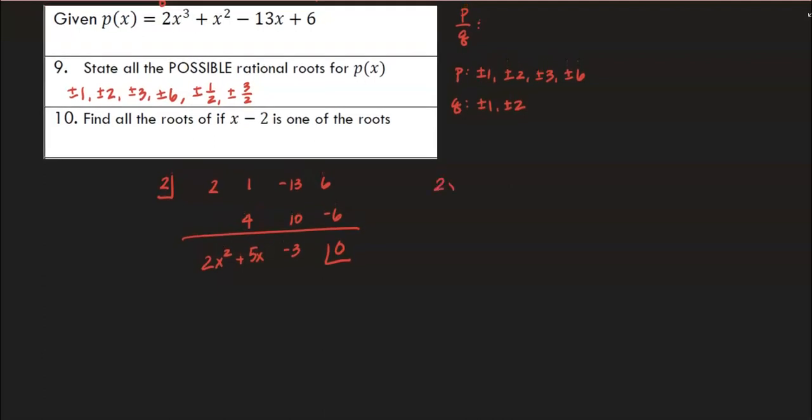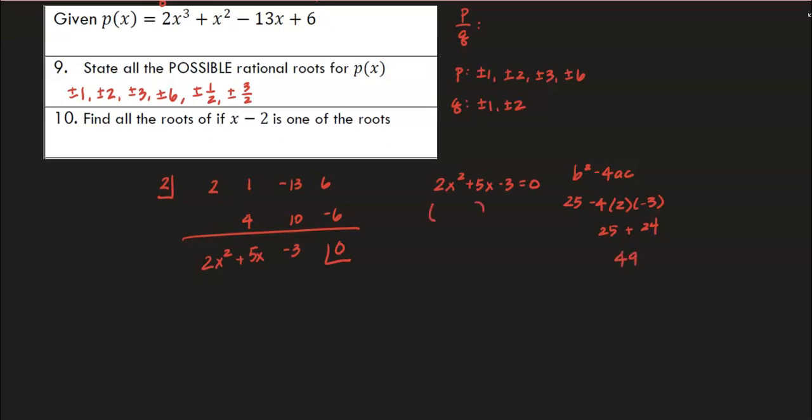That's a quadratic. So once we get down to the level of quadratic, we could just set it equal to 0. We can figure out the discriminant, see if that's factorable. It's going to be 25 minus 4 times 2 times negative 3, 25 plus 8 times 3, that's 49.